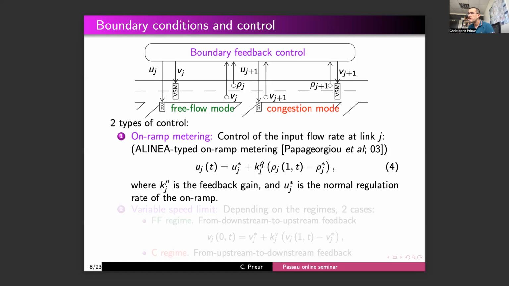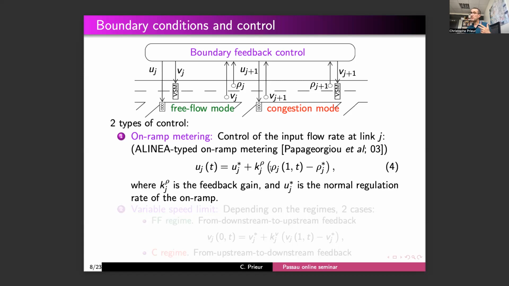So it just means that I would like to find a condition on the feedback gain, k_j. So of course it depends on the lane j that you are considering, and it is just a function which is around a typical value that is suitable for the equilibrium. Okay, so it is just a proportional control around your favorite normal regulation rate. Okay, so this is the first type of control.